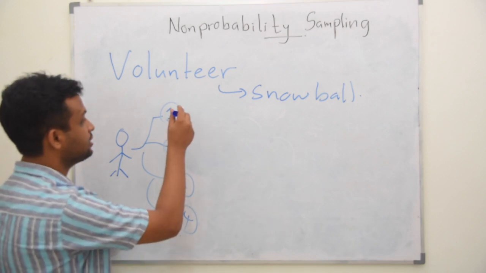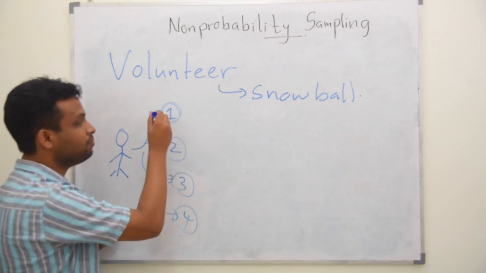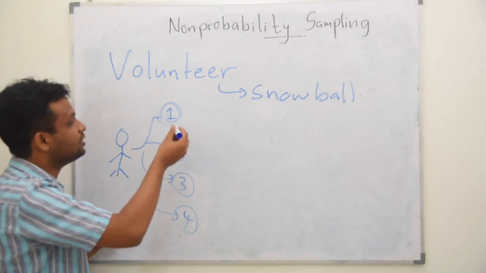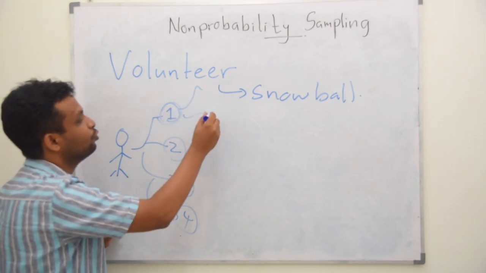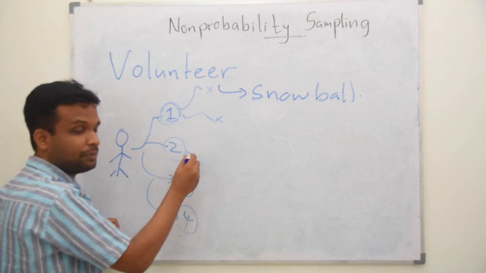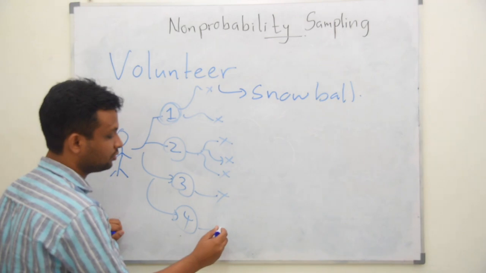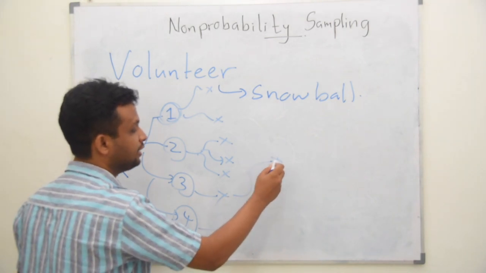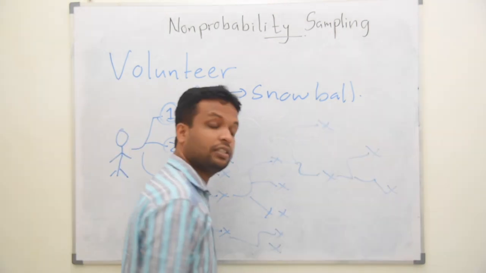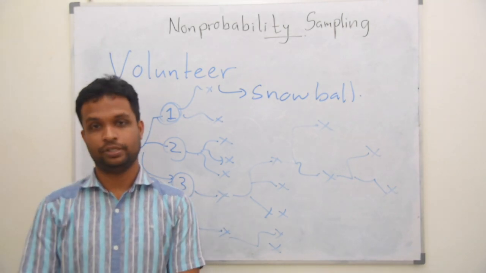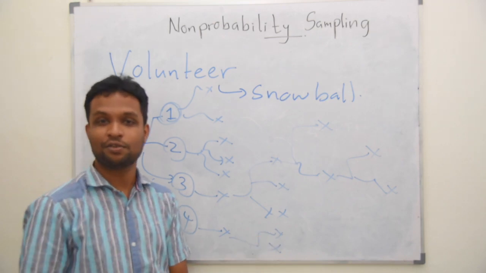In that case, we can ask them to ask their colleagues to participate in the research. He may be telling two people, this person may be telling another few, and these people will be telling another few. Like that, we can get a huge sample, like in the case of the snowball.